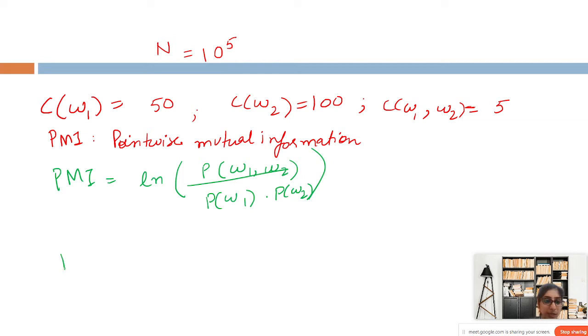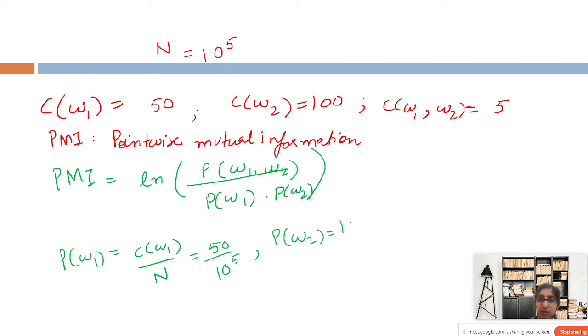How will I find the probability of the first word? That is count of W1 upon total number of documents, that is 50 upon 10 to the power 5. And the probability for the second word would be 100 upon 10 to the power 5. And probability of both W1 and W2 would be the count of W1, W2 divided by N, that would be 5 by 10 to the power 5.